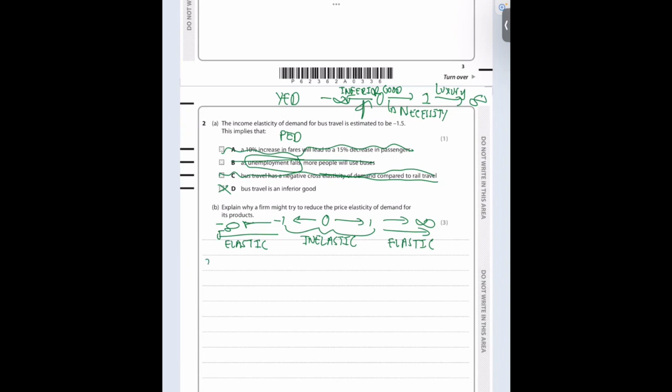So one reason a firm might want to reduce PED is to make their product more price inelastic.